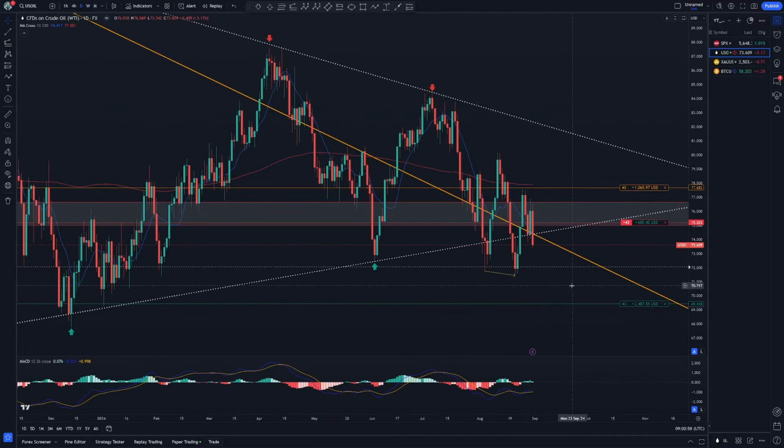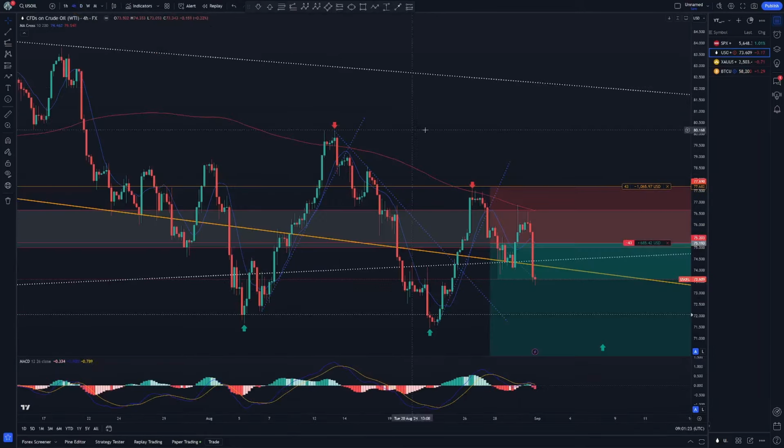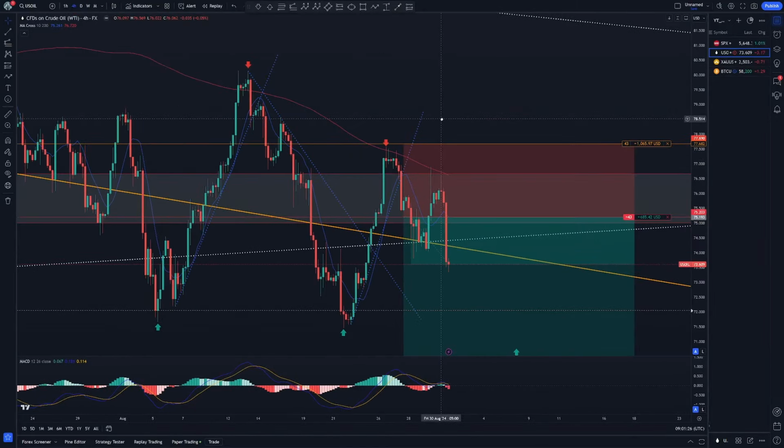You can only trade the statistical edge, and sometimes, or most of the times, it works for you and sometimes it works against you. Because of that, you have your risk management. In my case, that's risking at this trade 1%, or in this case of this portfolio, $1,000 at the trade and not more. Let's switch to the 4-hour time frame to see what I did in more detail.